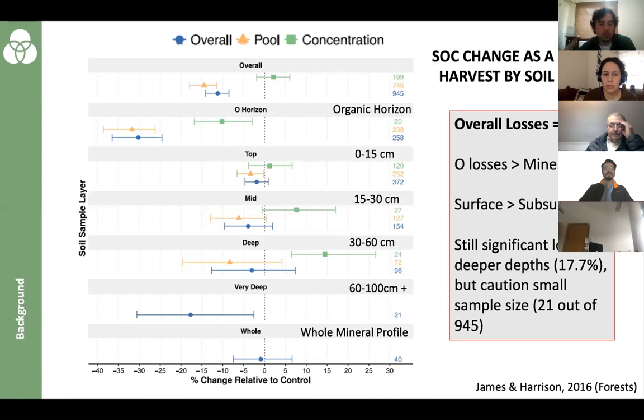So the deeper soil layers haven't been studied much. We only have a few studies that look at depths deeper than 100 centimeters. From this review, they looked at 925 points, but only 21 of those points were very deep soil layers. So we don't really know much about what's going on at deeper layers.